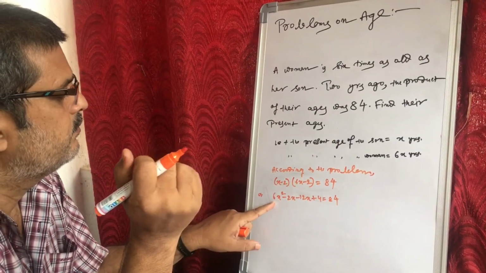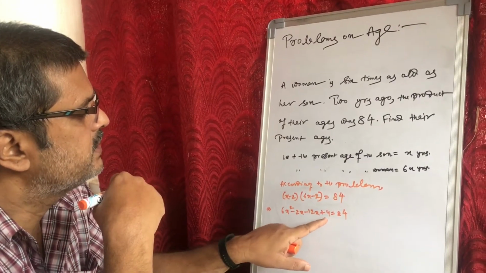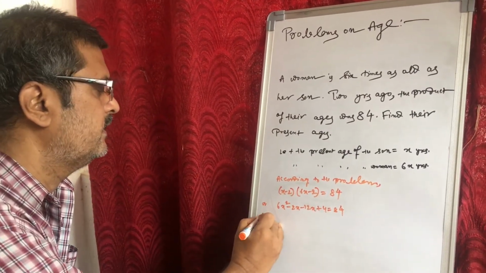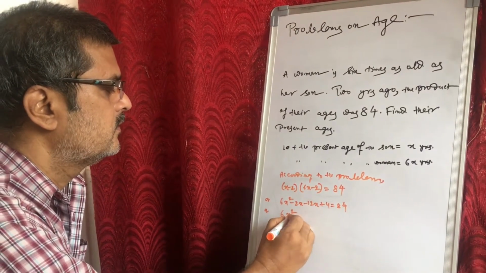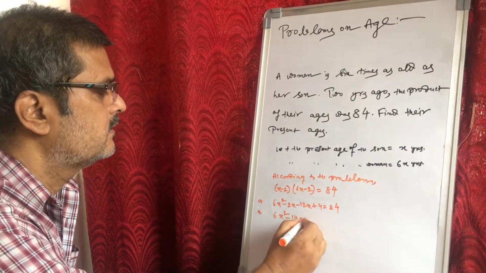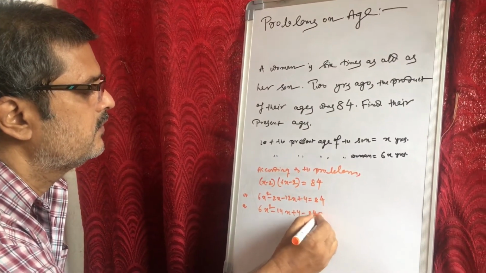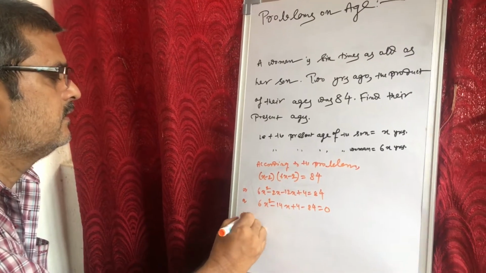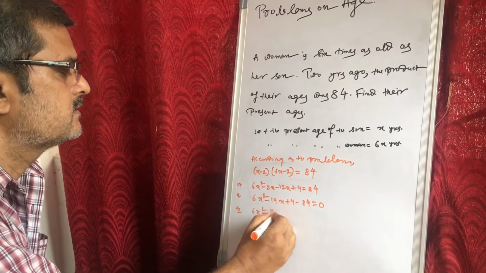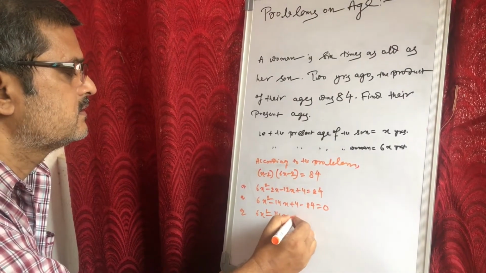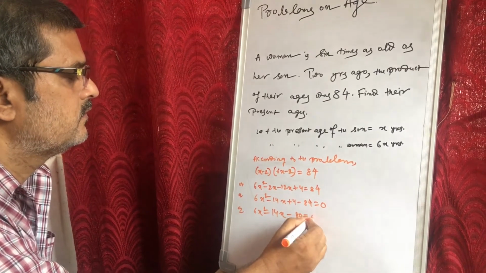Then 6x square minus 14x plus 4 minus 84 is equal to 0. Then 6x square minus 14x minus 80 is equal to 0.